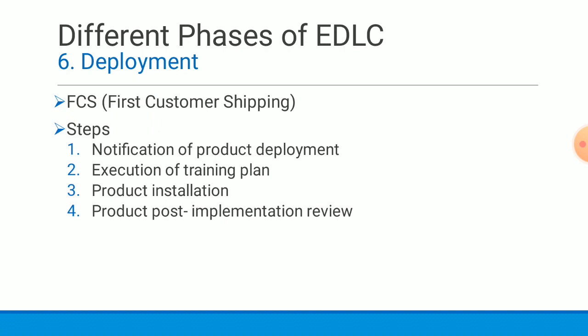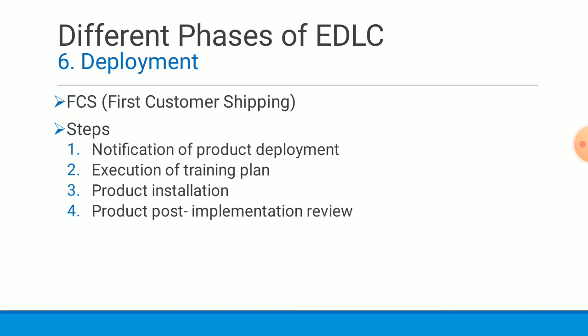So the important tasks performed during this deployment phase are, first one is notification of product deployment. We should send the notification of this product deployment to all the stakeholders and to the public. If it is a commercial product, we have to send it to the public as well.